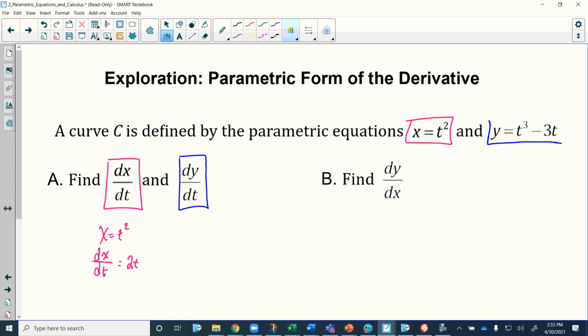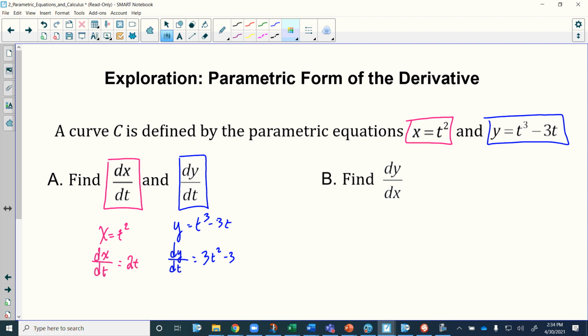We're looking at this example here, where y is equal to t cubed minus 3t. So the derivative of y with respect to time, in this case, would be 3t squared minus 3. So far, what we're doing is just the standard power rule for derivatives of a polynomial.